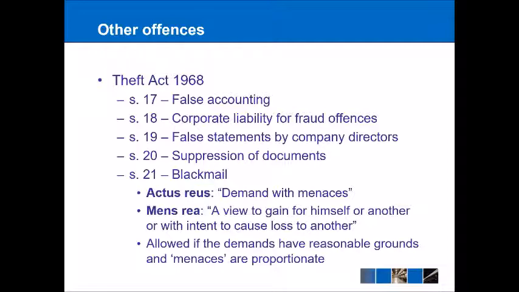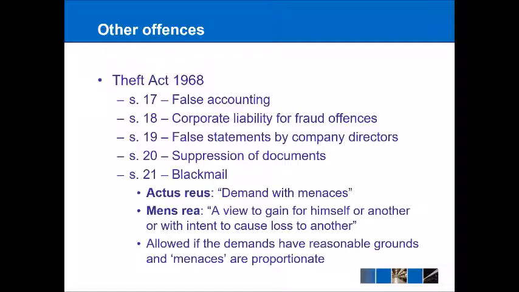The actus reus of blackmail uses the rather antiquated language of a demand with menaces, and the mens rea covers a view to gain for himself or another, or with intent to cause loss to another. So it's almost using that similar language to the Fraud Act 2006, but this is in application to blackmail.